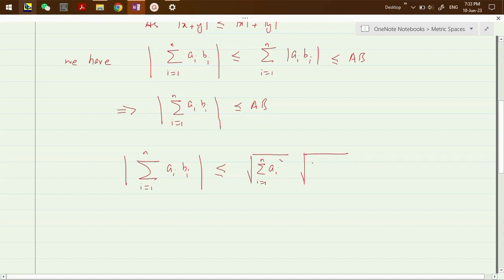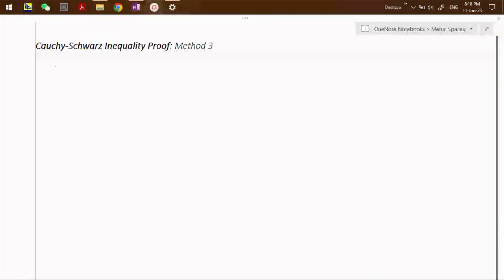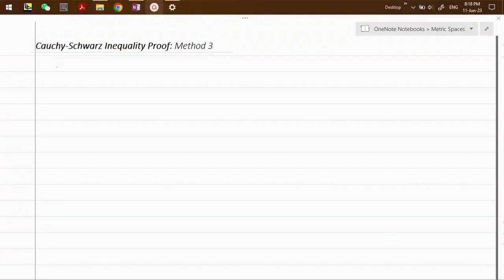B is root of summation i from 1 to n bi square, which is our required Cauchy-Schwarz inequality, hence proved. And this inequality is proved by using second method. Now we shall prove Cauchy-Schwarz inequality by using third method.